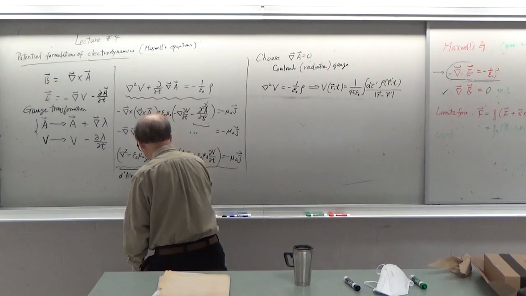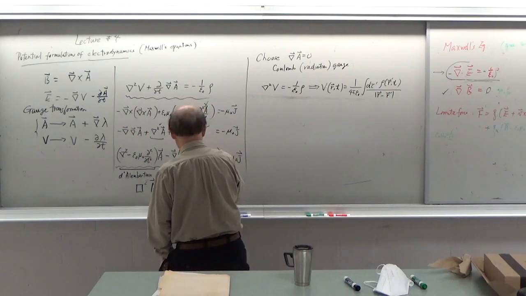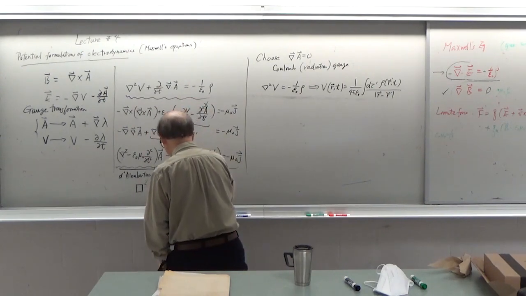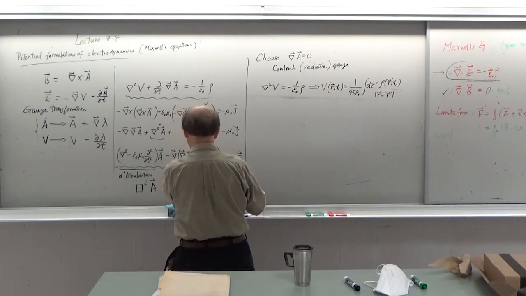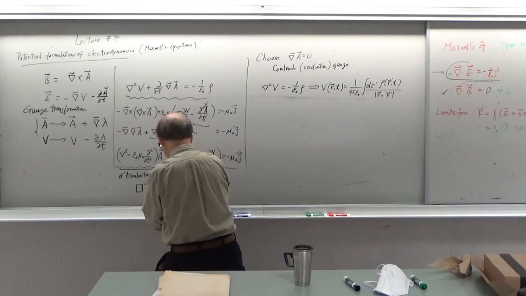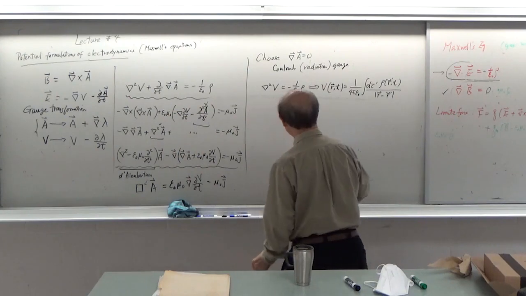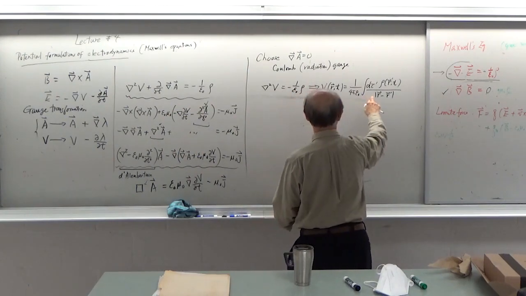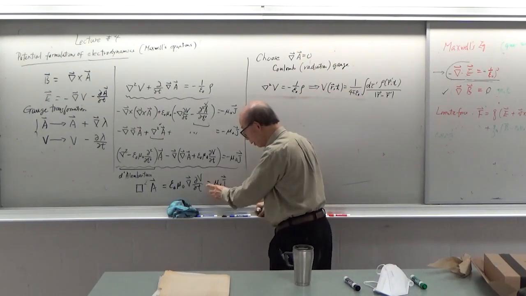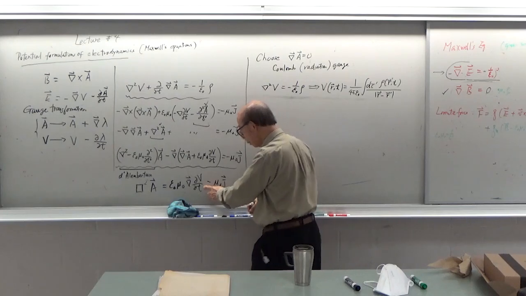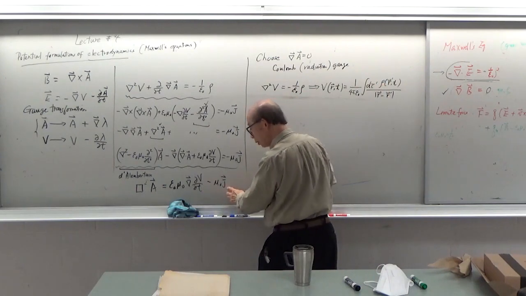So the box square version equals A, minus, this term is no longer there, minus epsilon naught mu naught gradient del V by del T, and if I put it to the other side, it becomes plus mu naught J. Now that we know what V is, it's given here, you can substitute V into this term, so that this will depend upon charge density, and then there's the current density there.